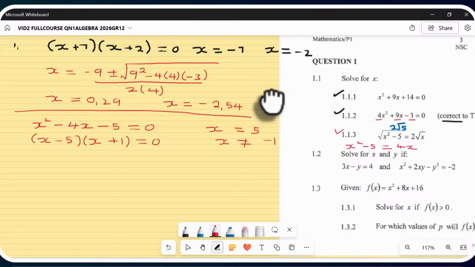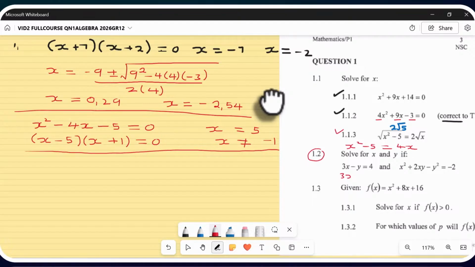So here we go. Remember, I have x squared plus 2xy minus y squared equals negative 2. So in here, like I told you, y is 3x minus 4.